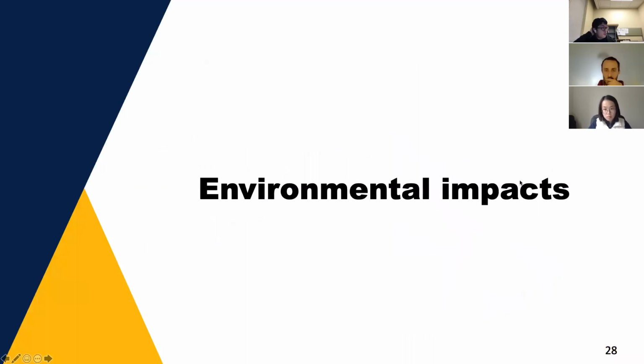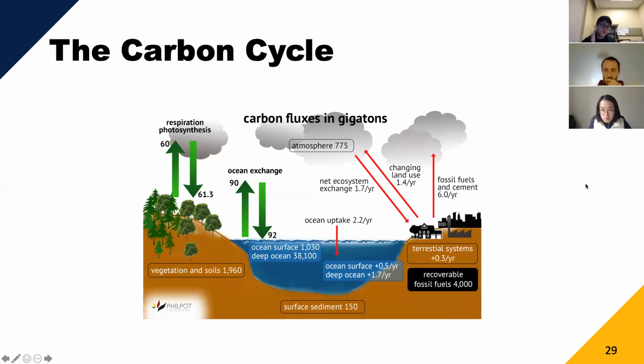Okay, so last couple slides thinking about some of the environmental impacts. So thinking about greenhouse gas emissions. I just want to step back at a really high level, thinking about the carbon cycle and how carbon fluxes happen in the environment and in the atmosphere. This is ultimately why, at least I'm interested in this, thinking about climate change issues.